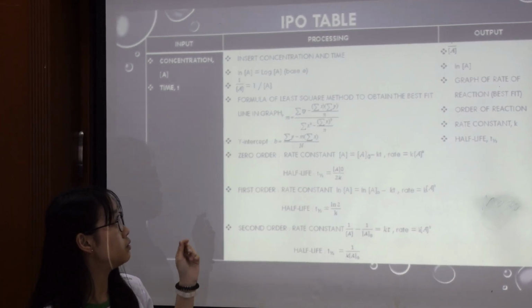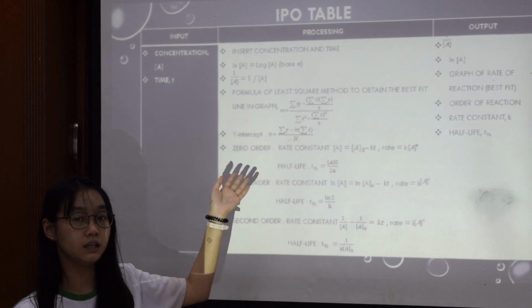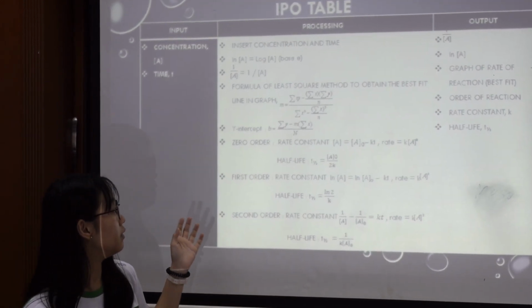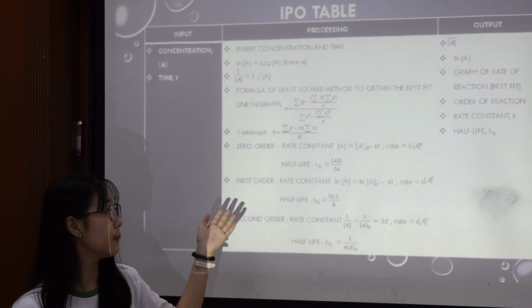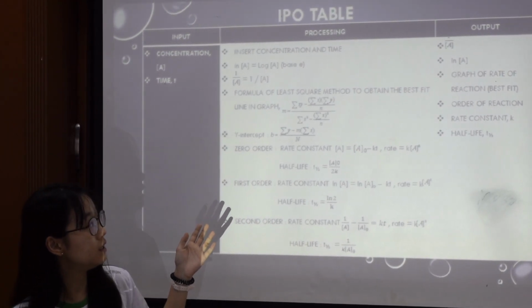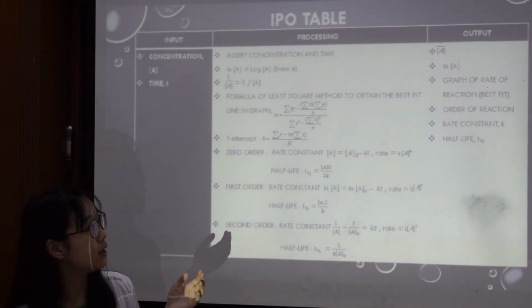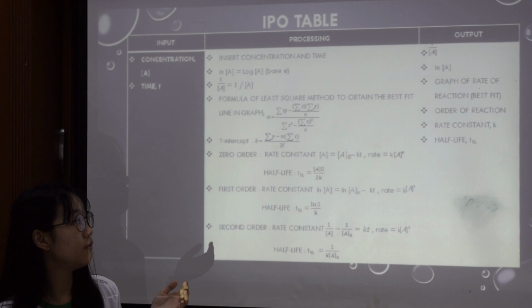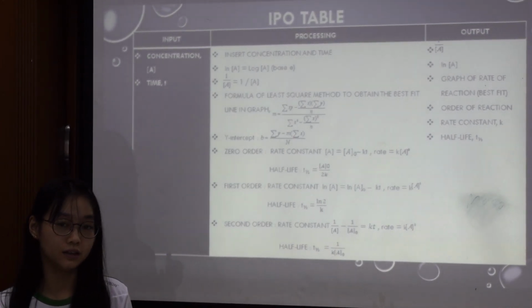Then we use the least square method to find the gradient and the y-intercept. Then we use this formula to find the rate constant and the half-life. Lastly, we get the final output as shown there: 1/A, ln A, graph of rate of reaction, order of reaction, rate constant, and the half-life.